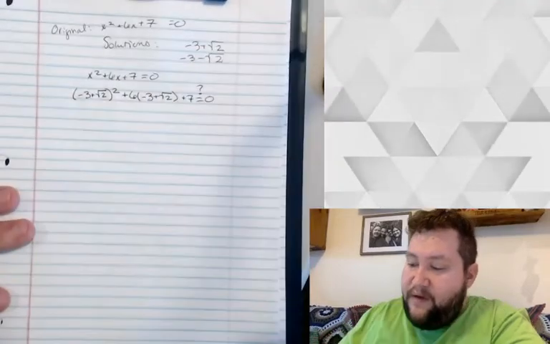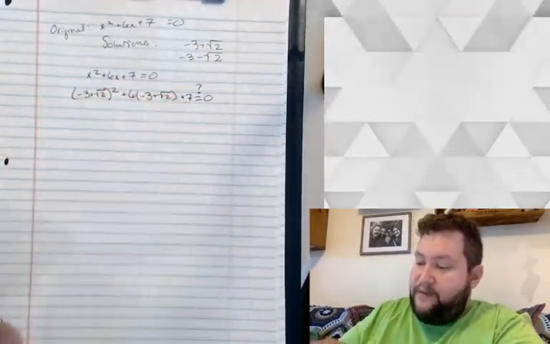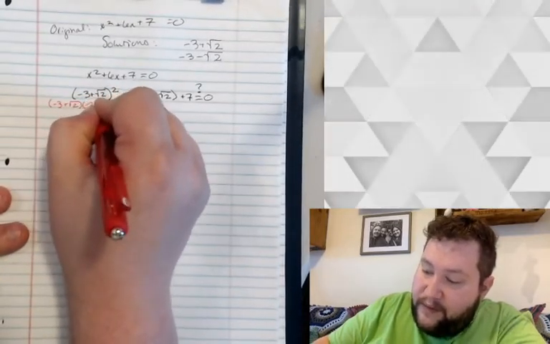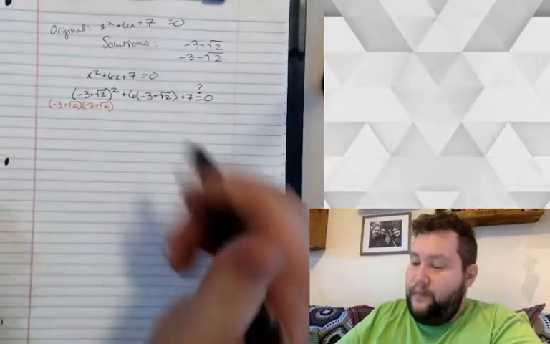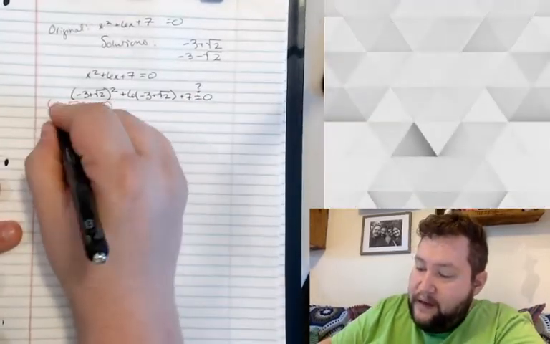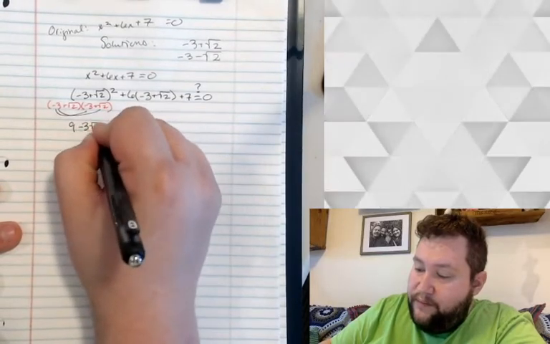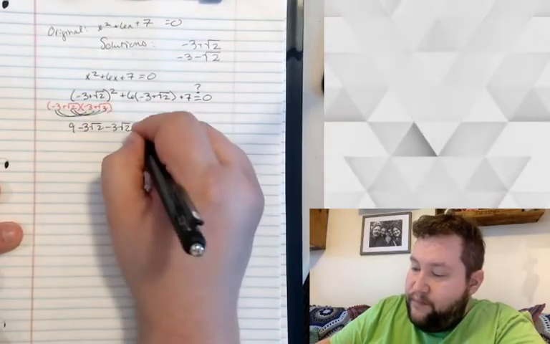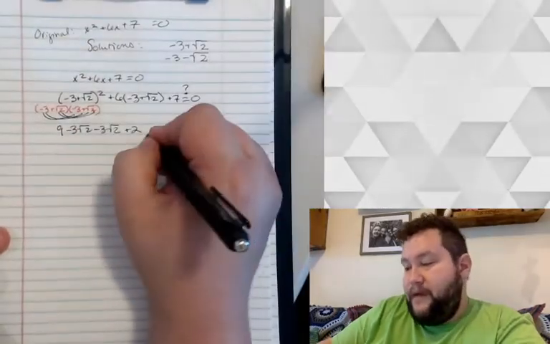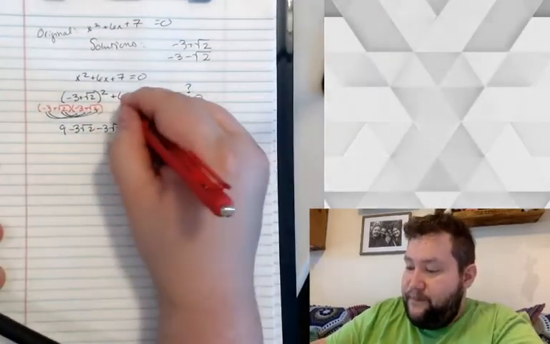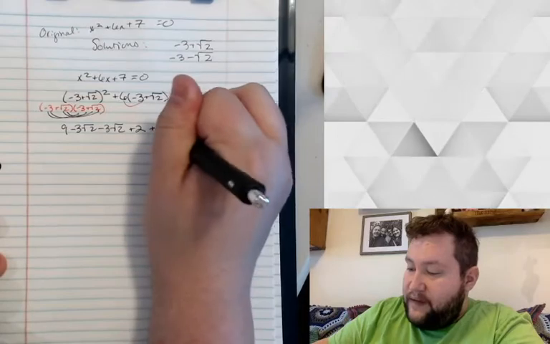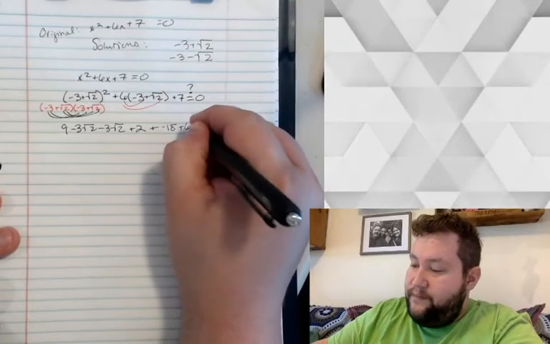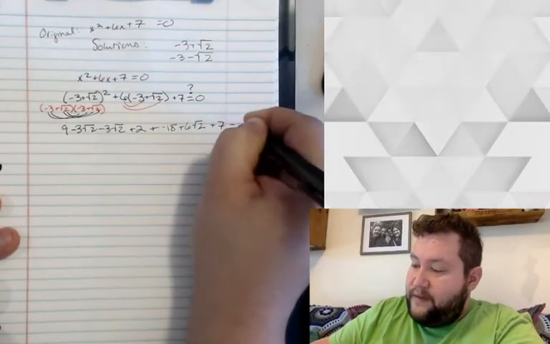Does that equal 0? Well, if we distribute this out, -3 plus root 2, -3 plus root 2, we're going to get a 9 minus 3 root 2 minus 3 root 2 plus 2, and then plus 6 times -3 is -18, plus 6 root 2's, plus 7. What does that equal? 0.